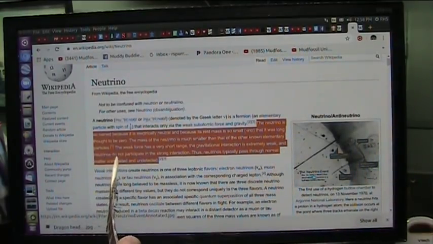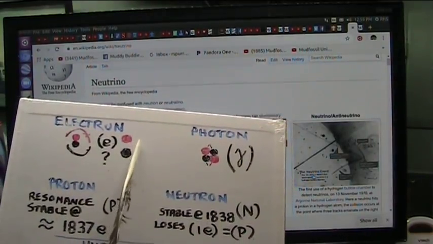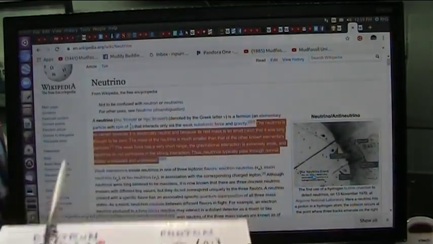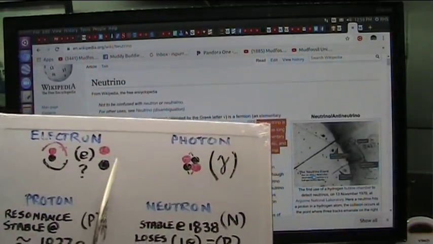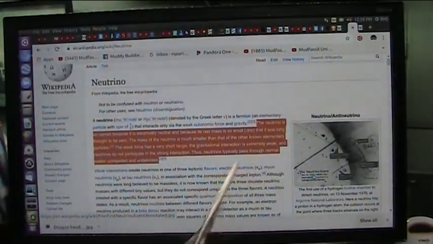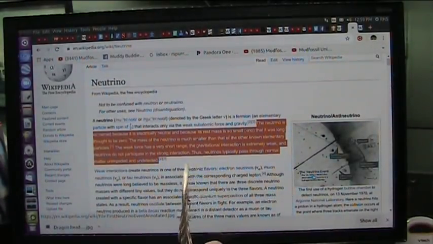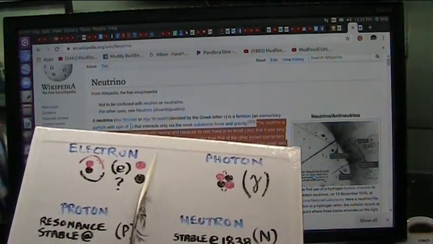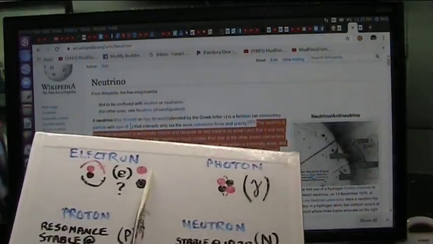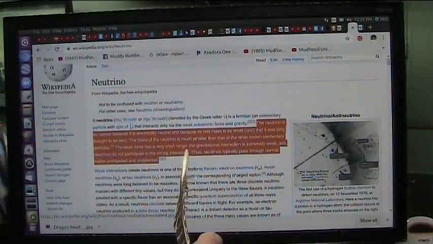And neutrinos do not participate in the strong interaction. The strong interaction happens there. They're calling this a neutrino. I call this the gauge boson, but I can call it a neutrino, call it anything you want. So the neutrinos do not participate in a strong interaction. That is the one I called a fermion, and that does participate.